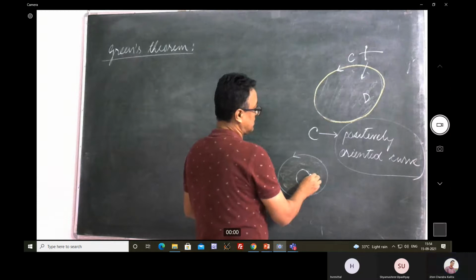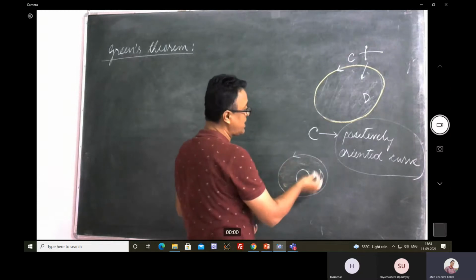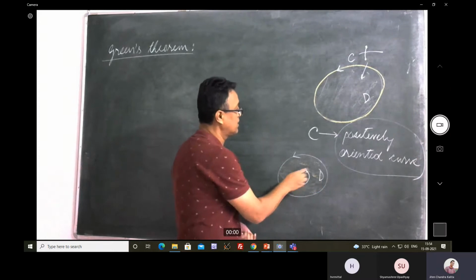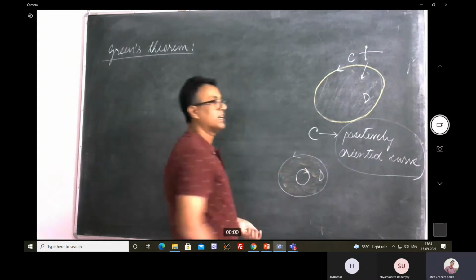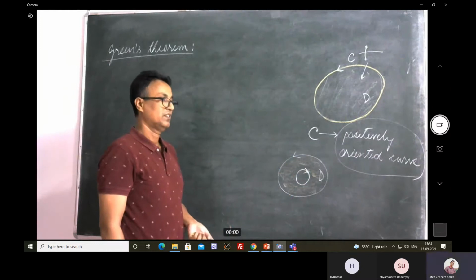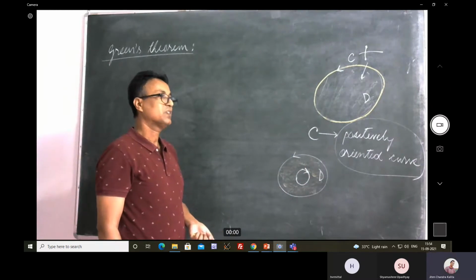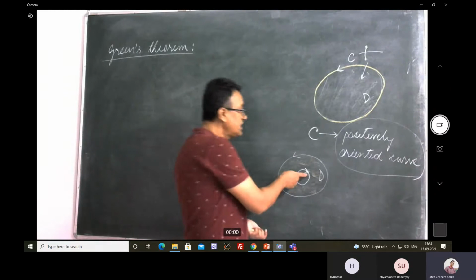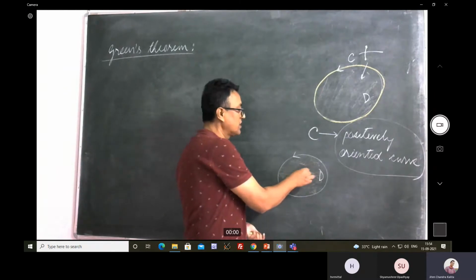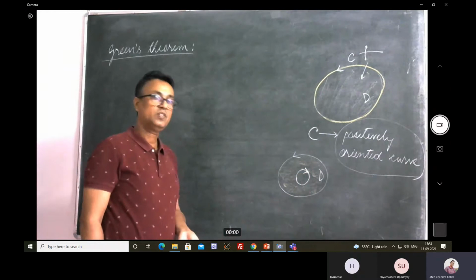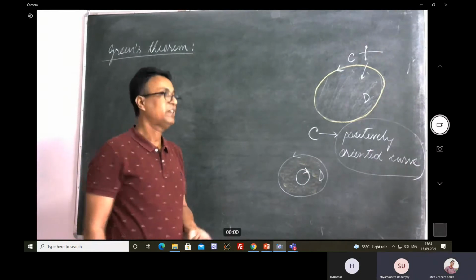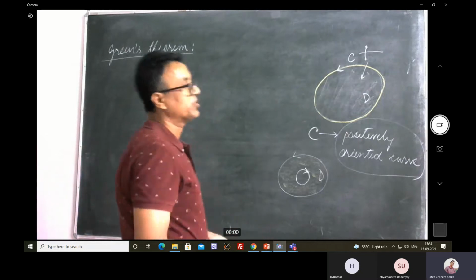For the region under consideration to be on your left, you must take the clockwise direction here, isn't it? So in this particular case, for this curve, the positive orientation is going to be the clockwise direction. Is it okay? Yes. Fine. So that is the meaning of positive orientation.